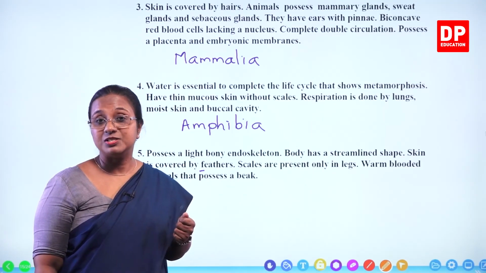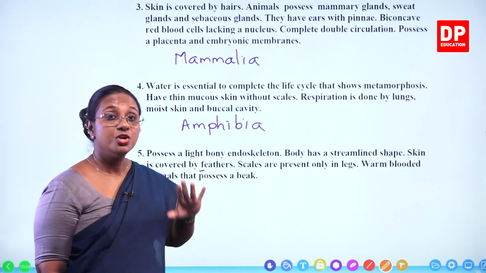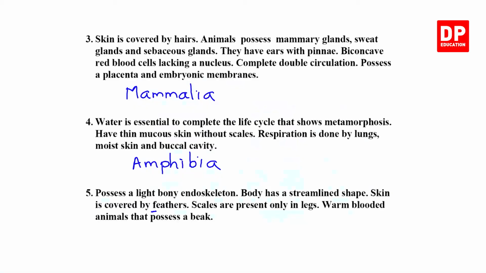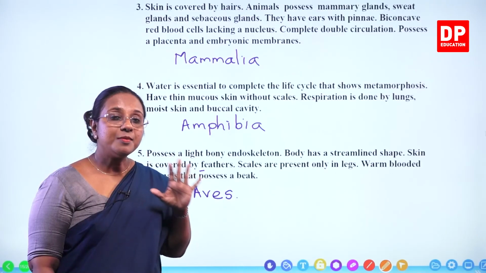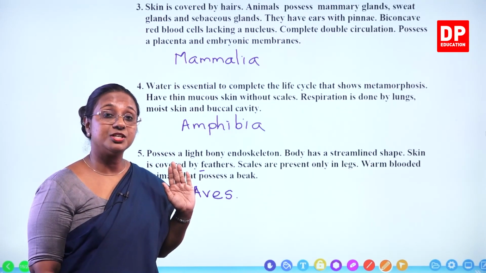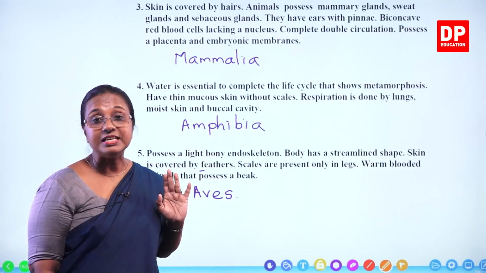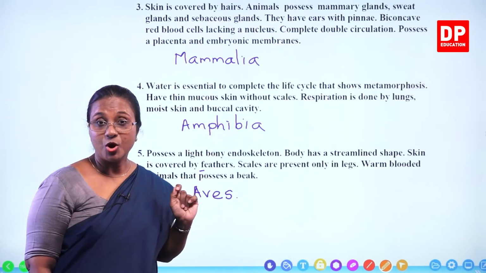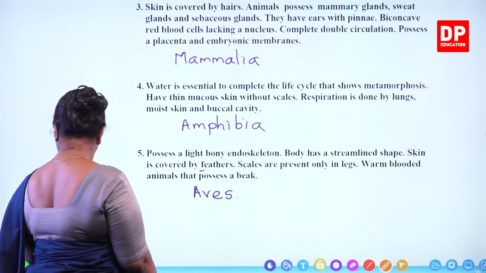Beak again is a special characteristic for birds. So, what is the group? Aves. So, here it is going to be aves. I'm sure you would have recalled all the characteristic features of these vertebrate groups. So, with that, I will move on to the next question.